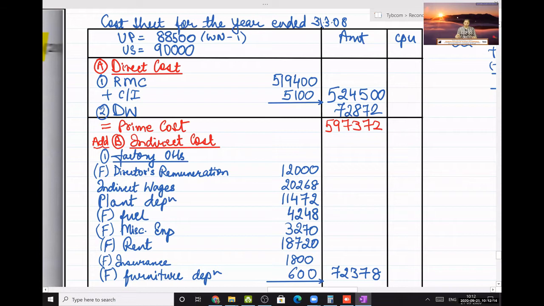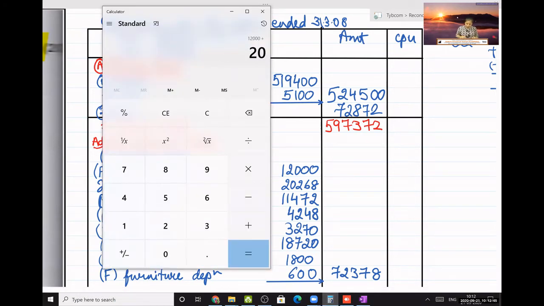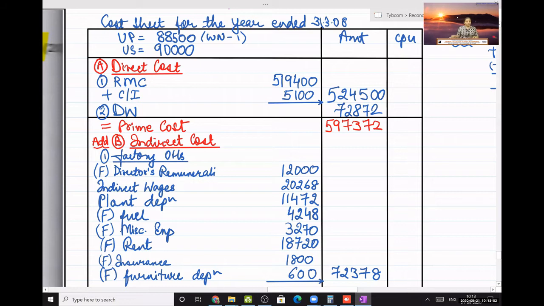Okay, 1, 2, 3, 4, 5, 6, 7, 8 items are there under factory overheads: directors remuneration, indirect wages, plant depreciation, factory fuel, factory miscellaneous expense, factory rent, factory insurance, and factory depreciation on furniture. 12,000 plus 20,268 plus 11,472 plus 4,248 plus 3,270 plus 18,720 plus 1,800 plus 600. 72,378 is my factory overheads total.